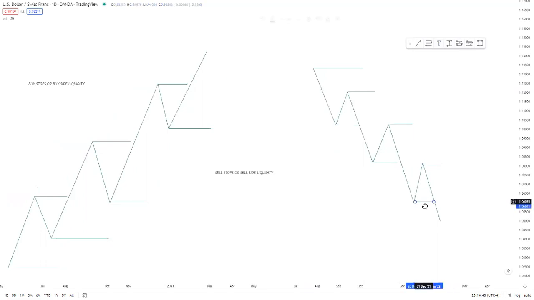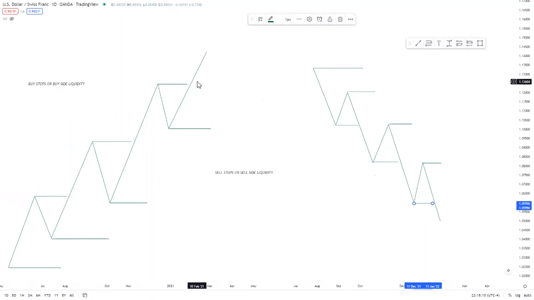So what are the areas that determine this downtrend? Sorry, buy side liquidity rather. These highs, don't forget I said on every high we have buy stops or buy side liquidity. You understand now?